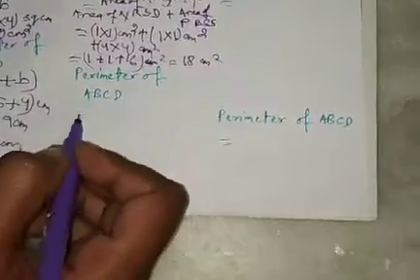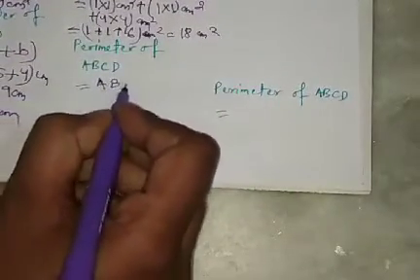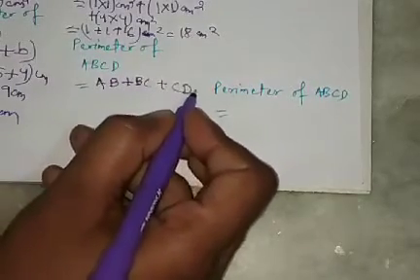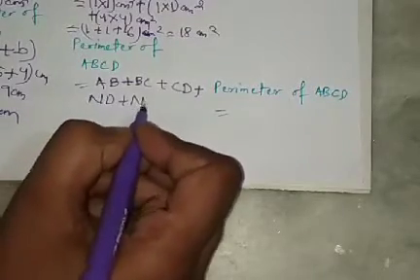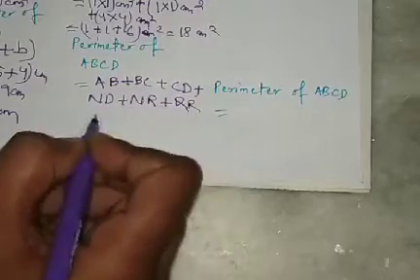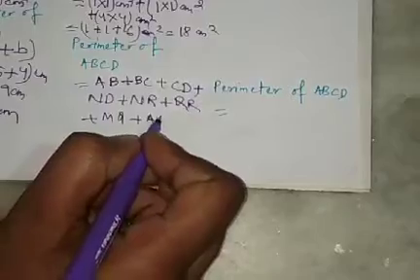Perimeter of ABCD equals AB plus BC plus CD plus ND plus NR plus QR plus MQ plus AM.